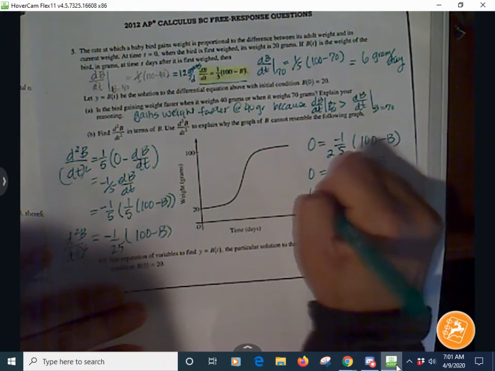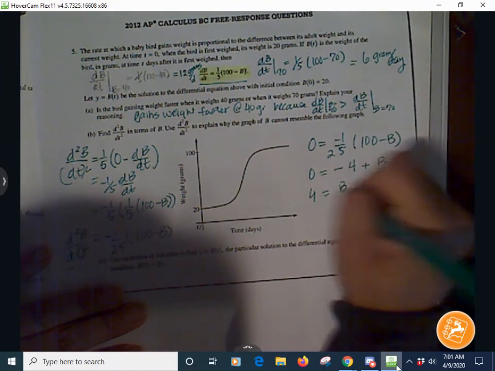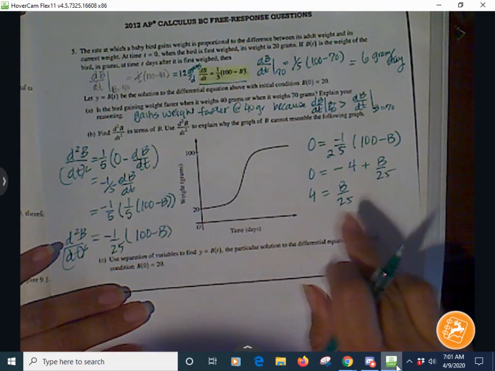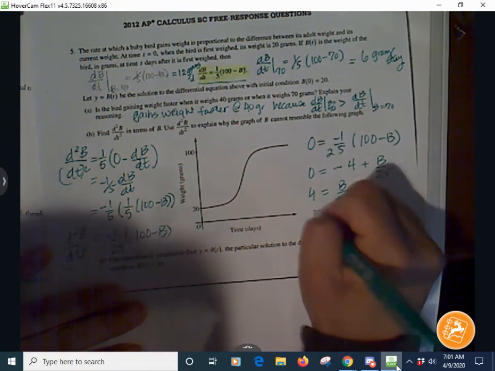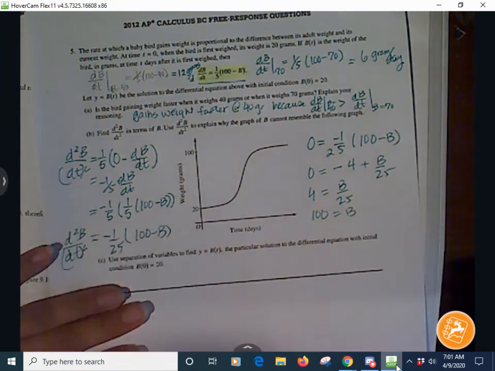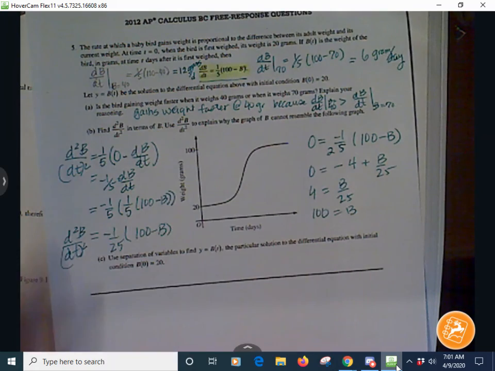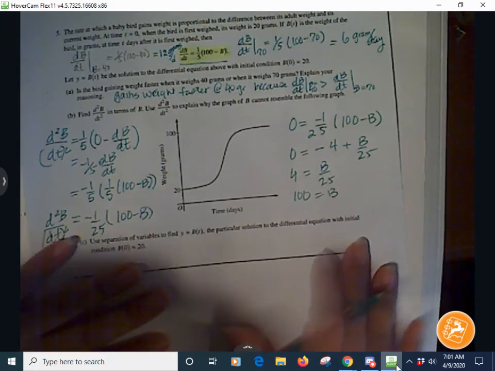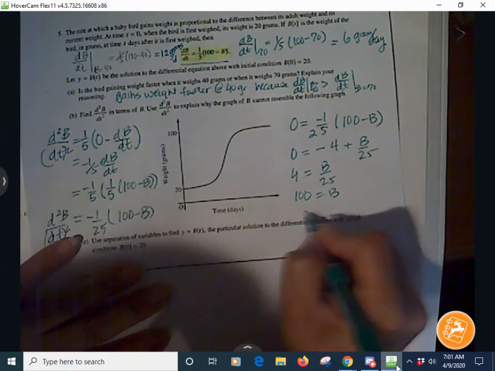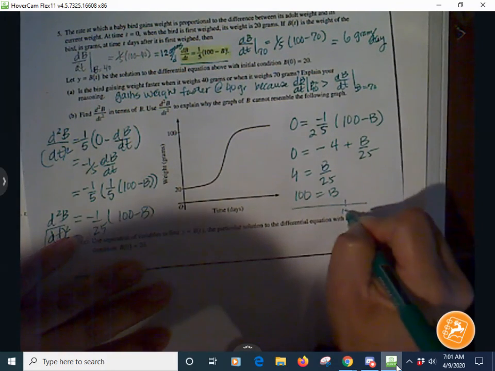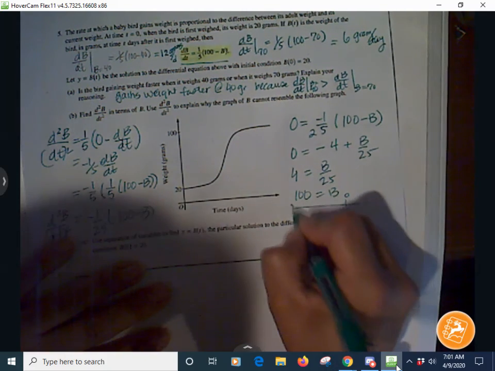So that's going to be 4 is equal to B over 25. So that means 100 is equal to B. Oh, that was so easy. This is when. Okay, so that means our critical number is this. So I'm going to say 100, 0, and then that's 0.